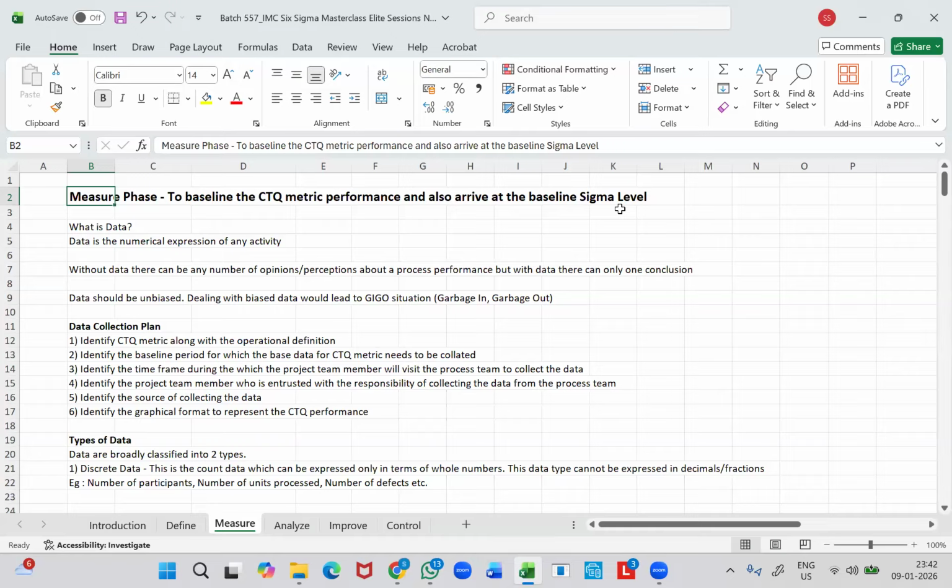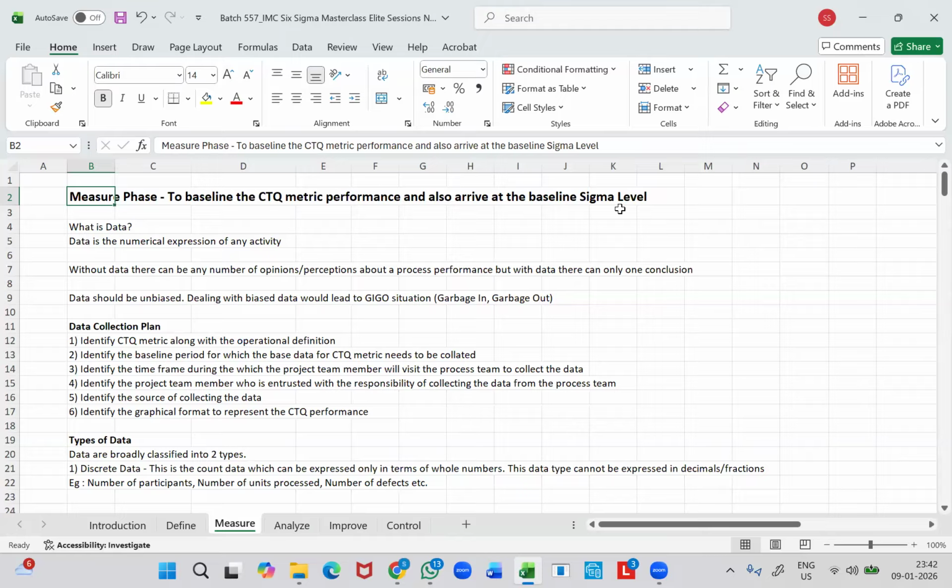If you are able to express the performance of a process or an activity in numerical terms, that numerical value is what we would call data. So data is a numerical expression of any activity. As I told you, in general practice, even the text formats will be called data. But as far as Six Sigma is concerned, we will stick to the numerical expression of any activity as the data.